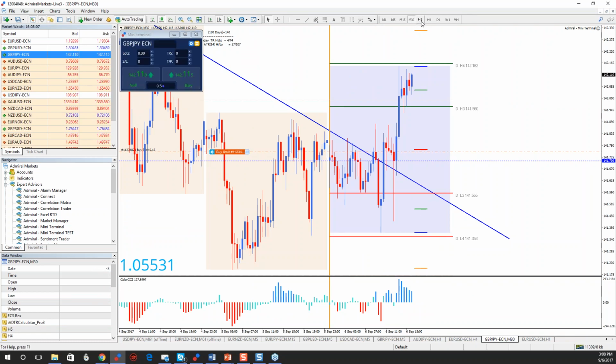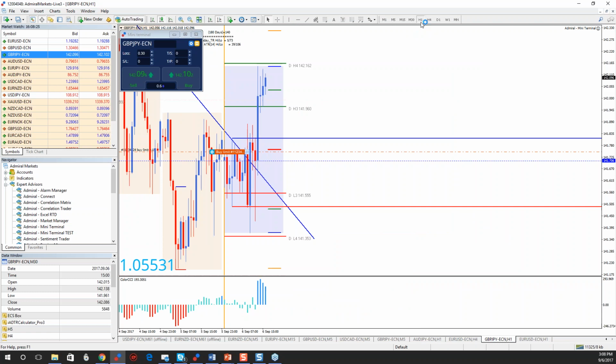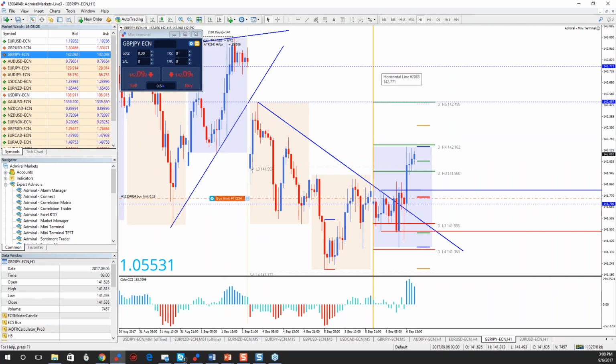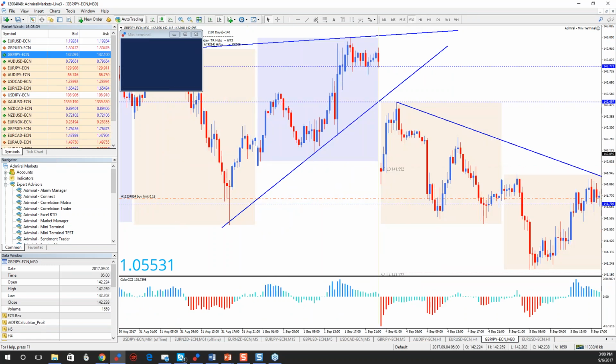M30 and 1 hour are best for intraday. Sometimes if I miss a 1 hour setup, I switch to M30. But basically, it's the zone that matters. The only thing is CCI will probably drop to oversold on M30 before actually H1. That is why I watch M30 and H1. So I want the price to be in oversold territory, either on M30 or H1.